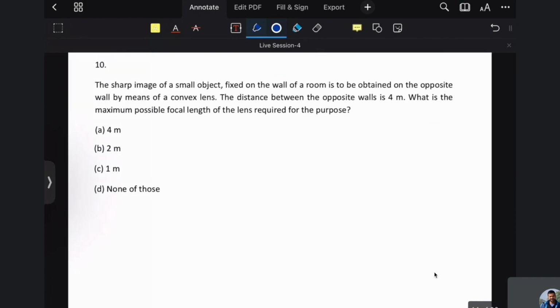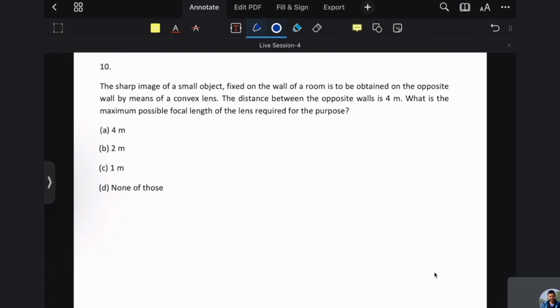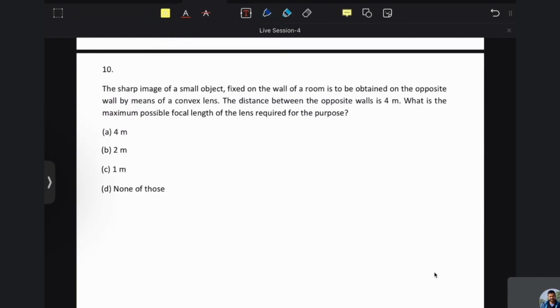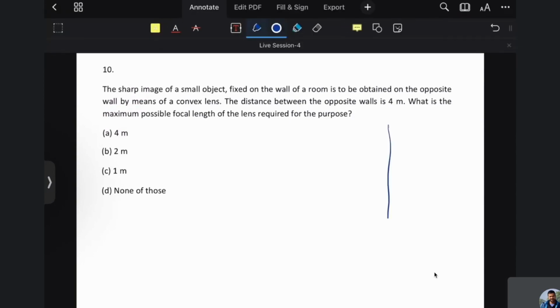So the 10th problem is: the sharp image of a small object fixed on the wall of a room. Okay, so suppose there is a wall, and here you have some object like this, is to be obtained on the opposite wall by means of a convex lens.